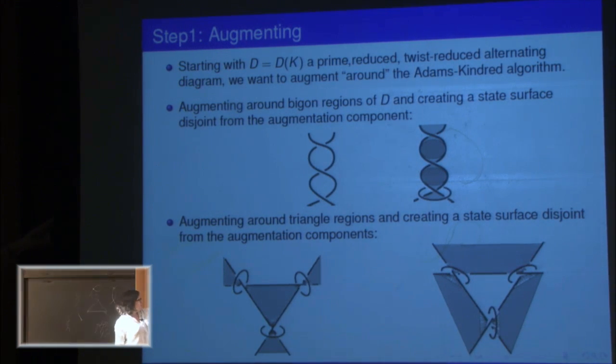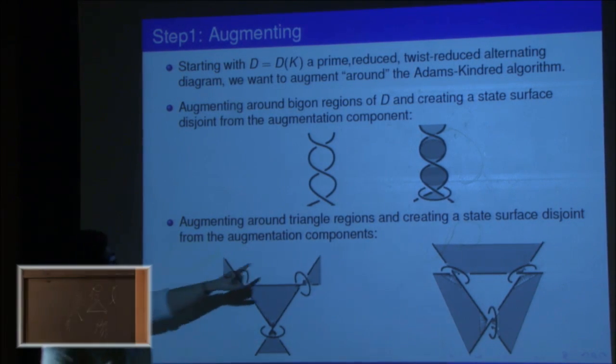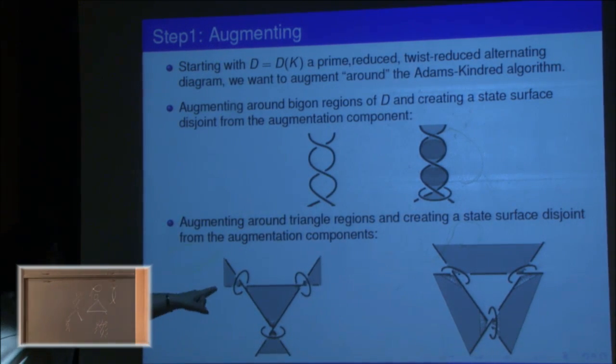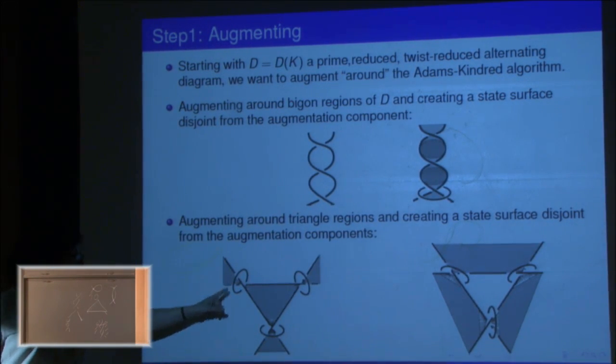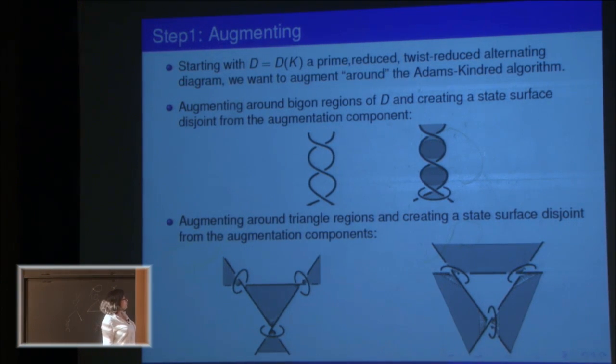And then when you build the state surface, at this particular stage this particular piece will look like that. So you add your augmented link. When you're doing the triangles, you have to go augmented in a nice way, so that you end up with something you can put in the complement of an augmented link. All right.